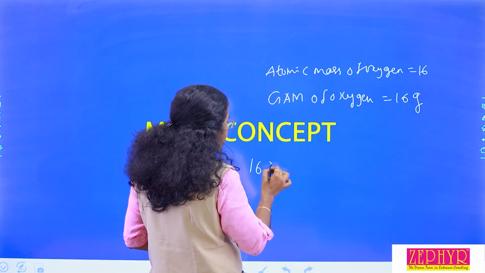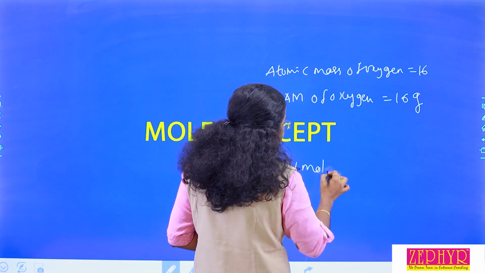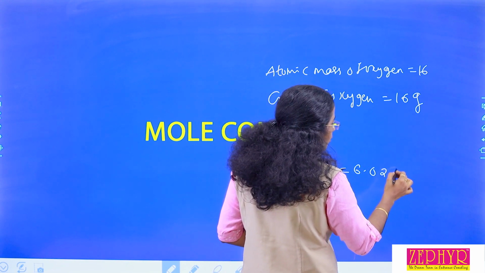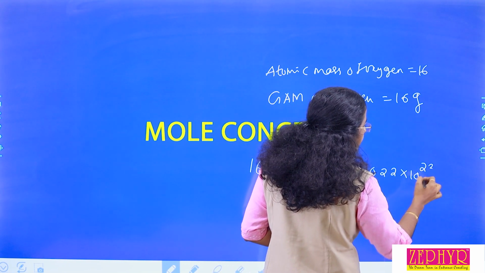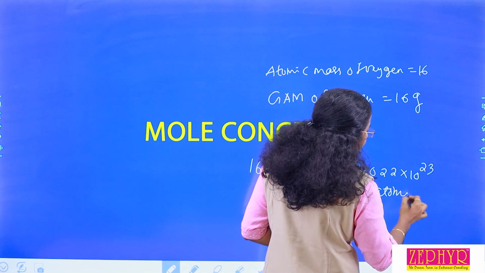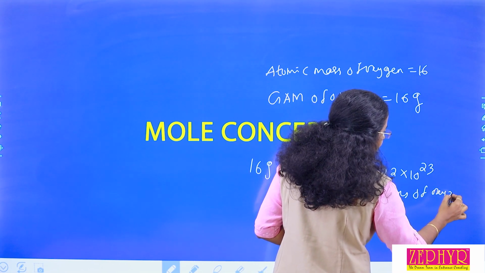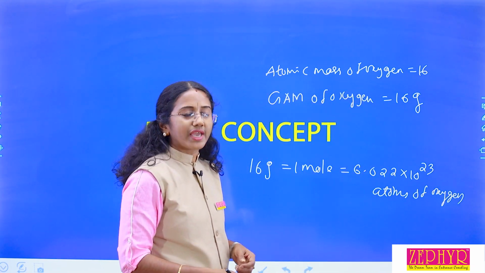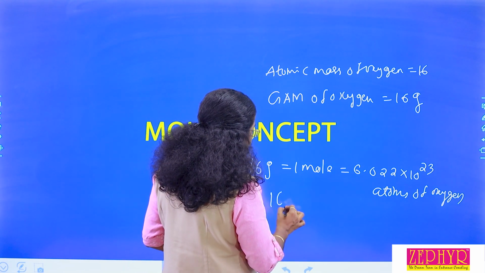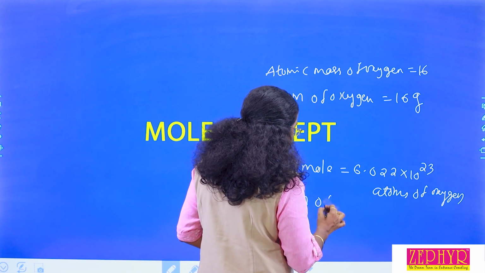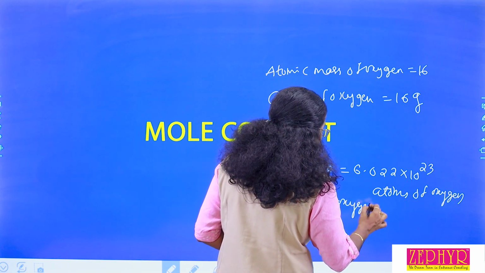This 16 gram is also called 1 mole, that is 6.022 × 10^23 atoms of oxygen. That is also called 1 GAM of oxygen.